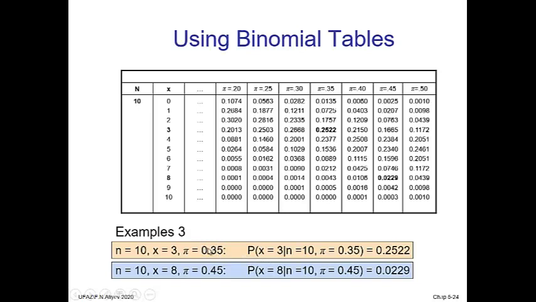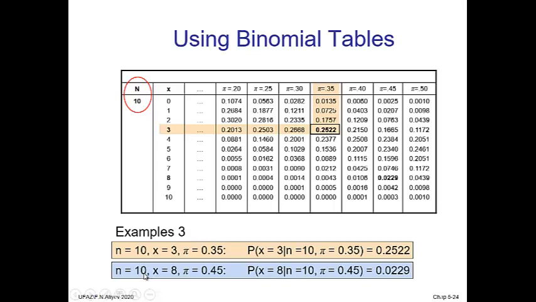Because the probability here is less than 0.5, we should use this direction. On the first row we select 0.35, it's here, and n of 10, of course. x3, number of successes 3, you select this and draw a horizontal line, and then you see here the intersection equals 0.2522. This is your probability.